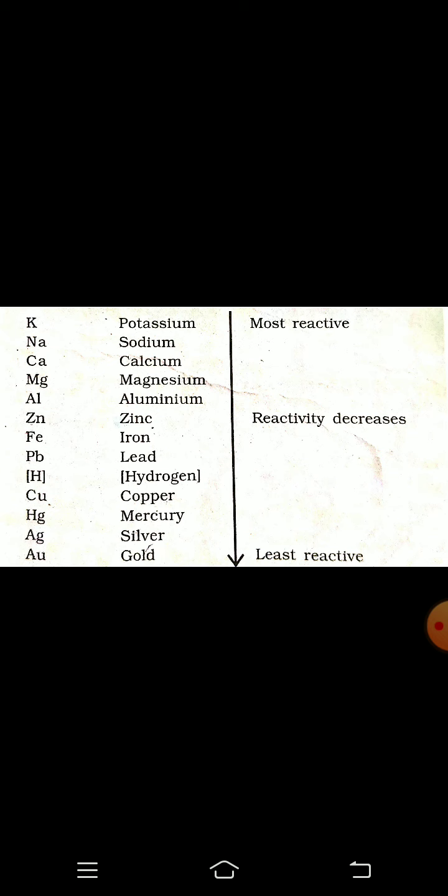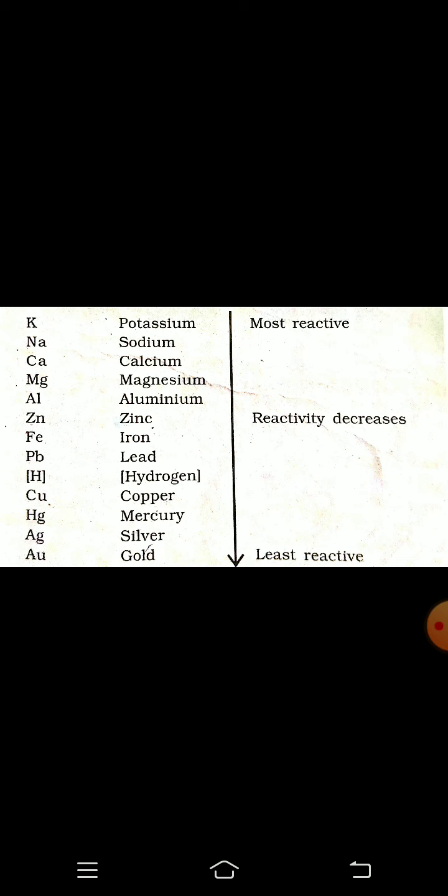Magnesium, aluminium, zinc, iron, lead, hydrogen, copper, mercury, silver and gold. So you can see that the most reactive metals are potassium, sodium, calcium, whereas the least reactive metals are gold and silver. We have already seen that gold and silver are less reactive. So this is the decreasing order of reactivity of metals.